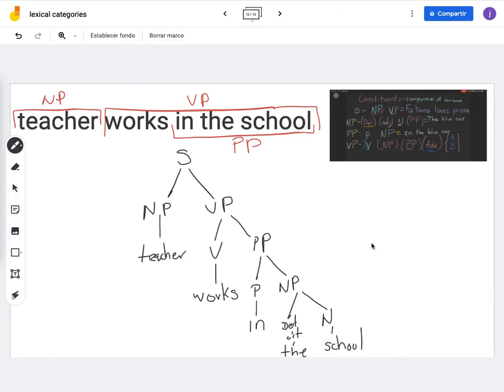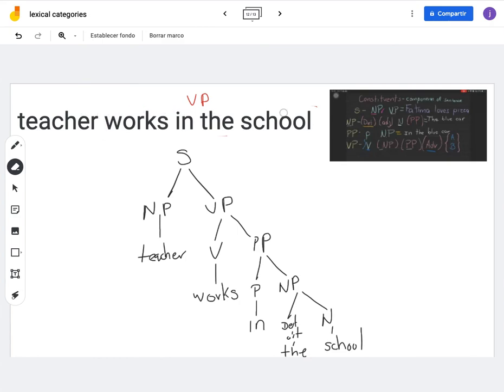I think that we are going to work with this same screen, but we just add a word in this sentence. So we are going to erase this part.